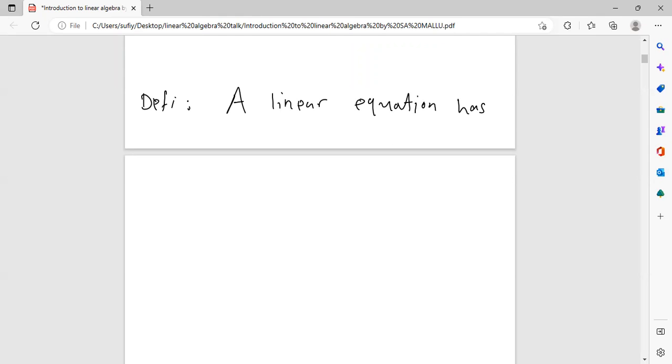A linear equation has the form a1 x1 plus a2 x2 plus up to an xn equals some k. I'm going to explain this to you. If you look at this, the a's that you see are real numbers, and the number k that you see is also a constant.